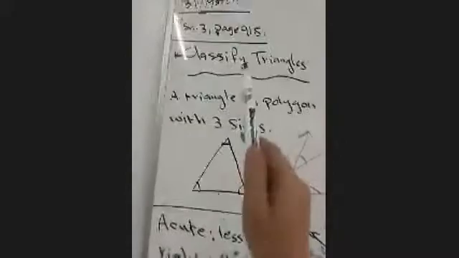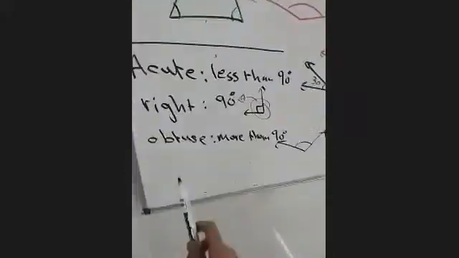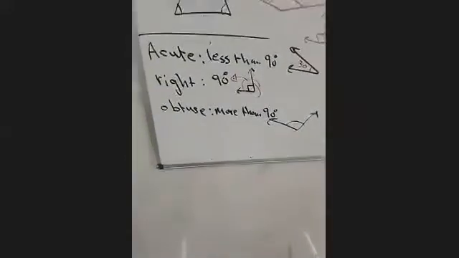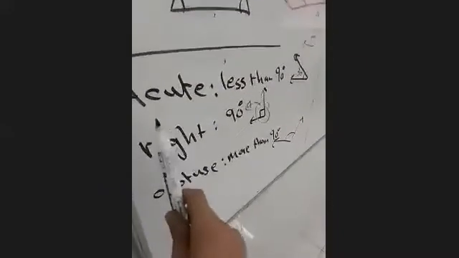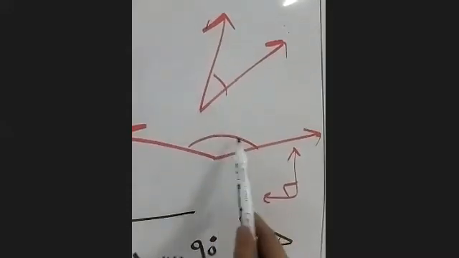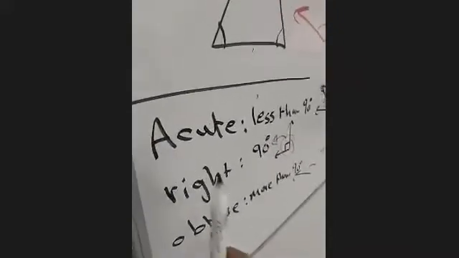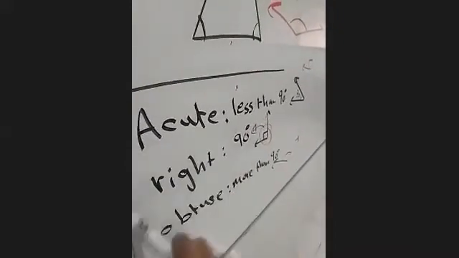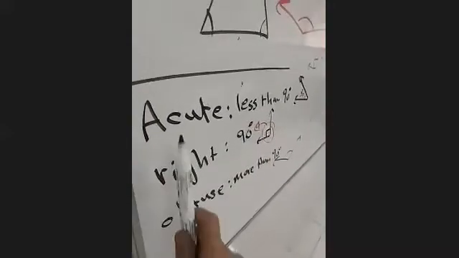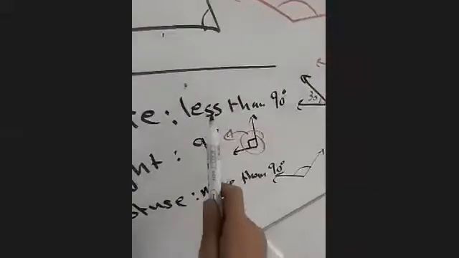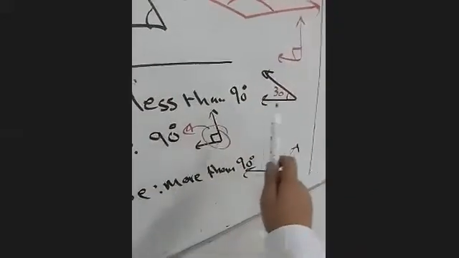But before we start classifying the triangles, let's remember together, guys, the 3 types of angles. Remember? You took types of angles before. The angle, something like this, we call it angle. We have 3 types of angles, guys: acute angle, right angle, and obtuse angle. The acute angle is the small angle, which has a measure less than 90 degrees, like this one.